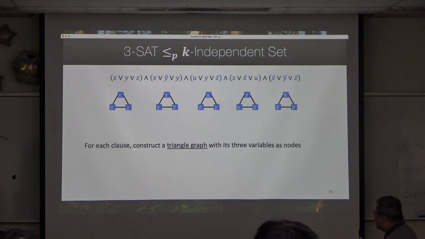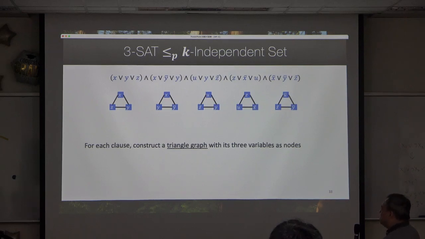For each clause, we construct a triangle graph with its 3 variables as nodes. Oh, I remember, the independent set is where for each edge, only one node is in this set, and they do not share the same edge.